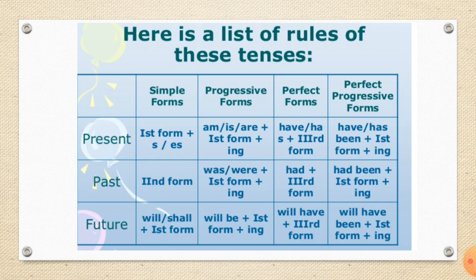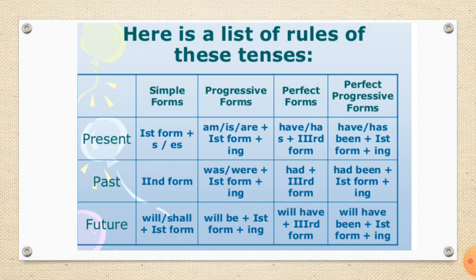Now it is the list of rules. Simple forms. We see all present, past, and future. First form plus s or es, second form, and in future will or shall plus first form.